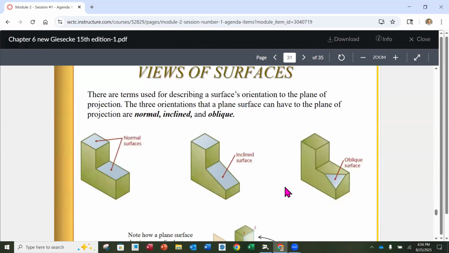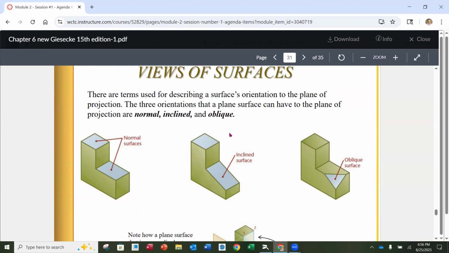Views of surfaces: normal surfaces, we're going to see as their true size and shape. For instance, if we look down at this in a top view, we see a square and a rectangle. But inclined surfaces are going to be foreshortened.